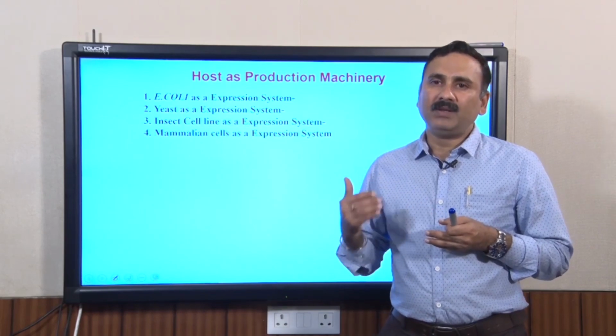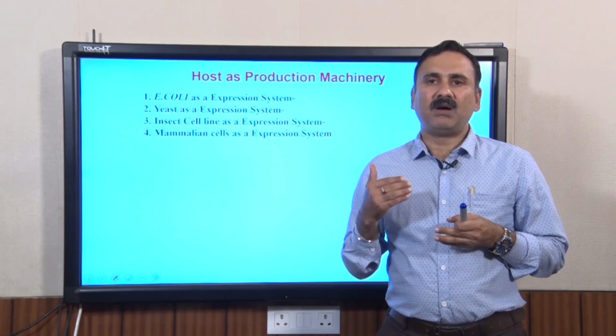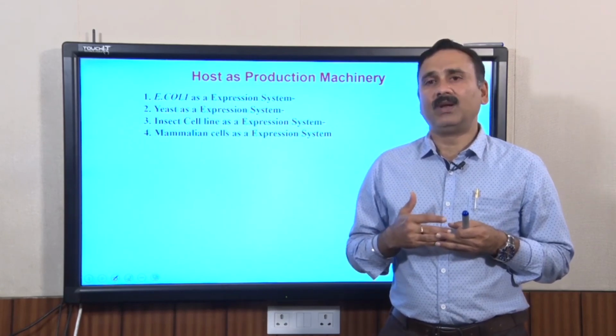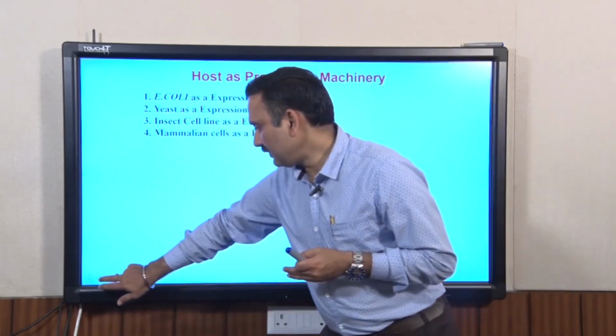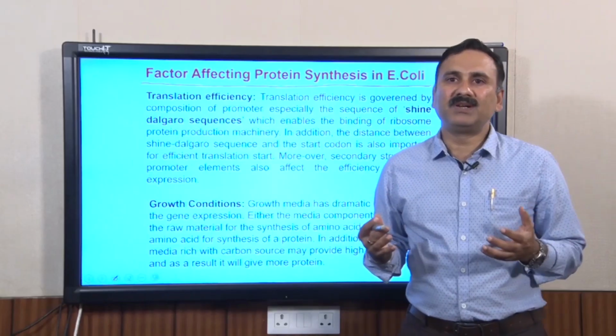And following this context, today we are going to start the lecture with the discussion about how to control the protein production in the E. coli expression system. There are many factors which are affecting the protein synthesis within the E. coli. One of the major factors which we have discussed in the previous lecture as well is the strength of the promoter itself.